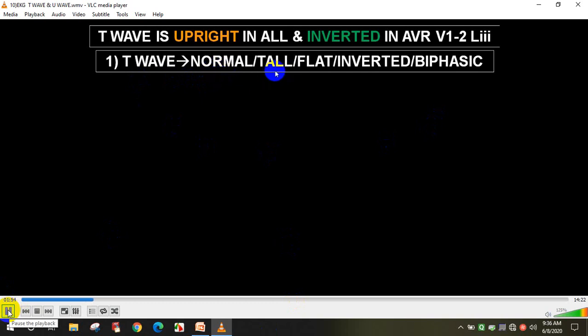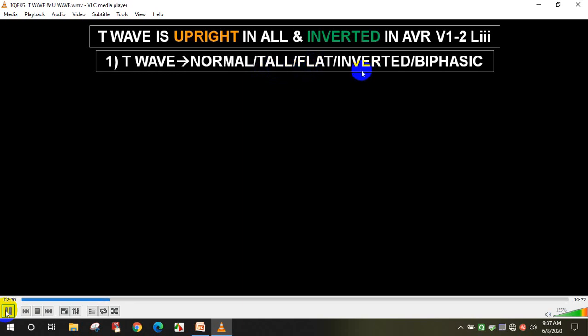What is abnormal? If the T wave is tall, flat, inverted, or biphasic. Tall means above the isoelectric line by more than half of the R wave amplitude, or even more than the R wave height. Flat means almost parallel with the ST segment, or what we call the isoelectric line.